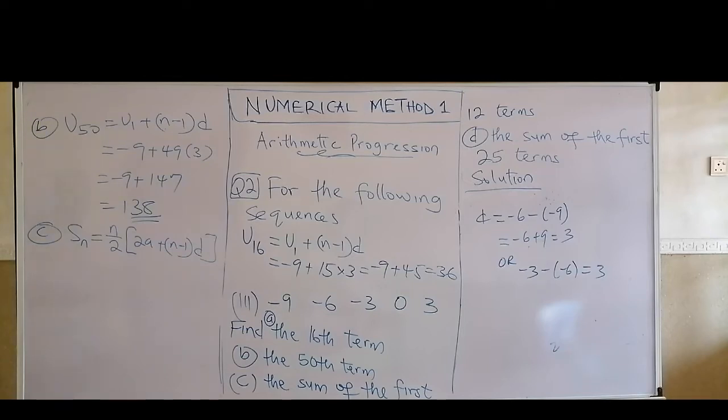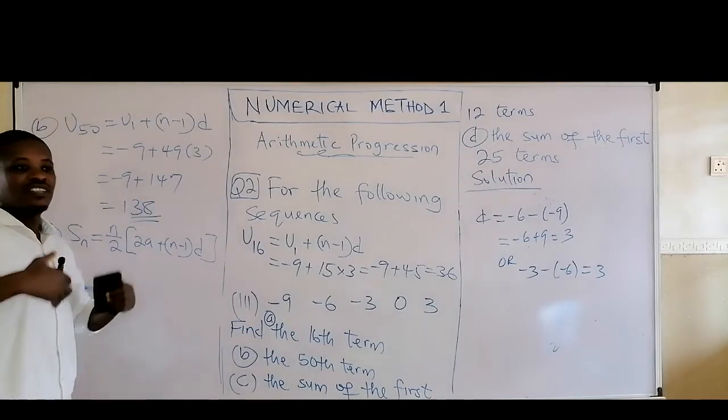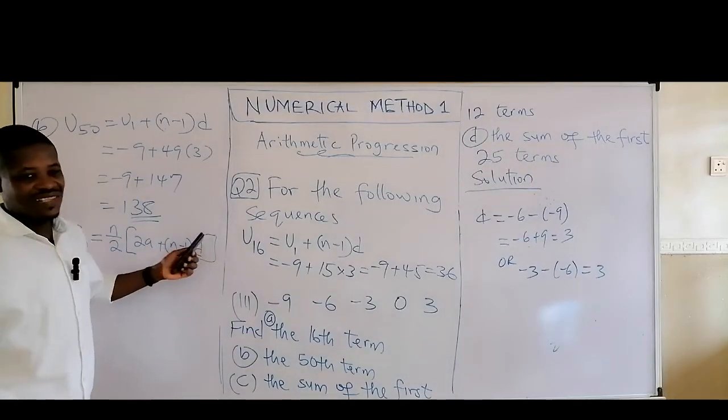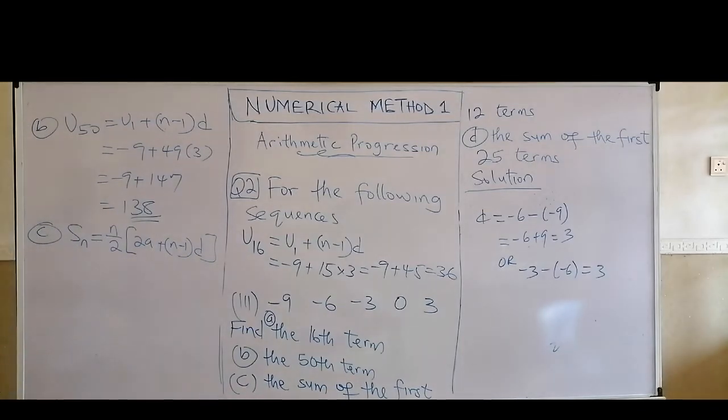So that's the sum. When they are asking for sum, they always tell you sum of the first 50 terms, sum of the first 10 terms, sum of the first 58 terms, and so on and so forth.